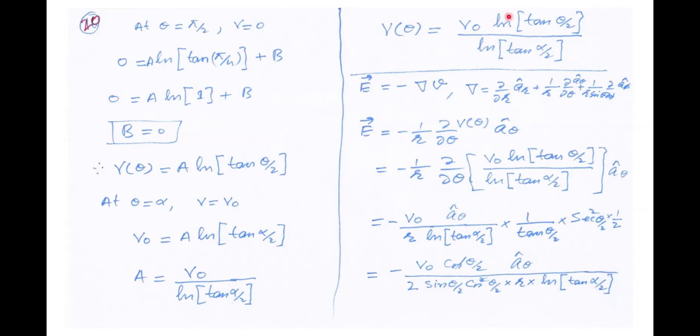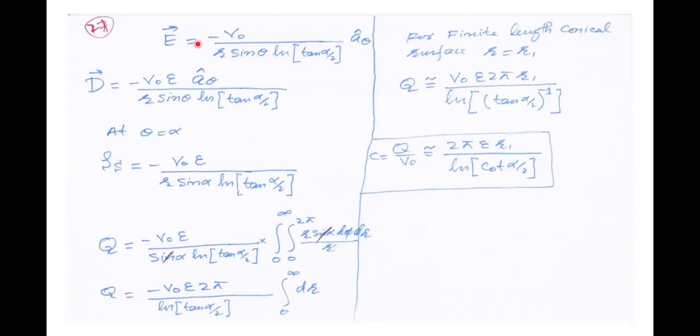So we only differentiate this function with respect to theta. After differentiating, we come across this relation, that is E equal to minus V naught divided by r sine theta ln tangent alpha by 2 a theta unit vector. From this resultant electric field, we can easily obtain the relation for electric flux density.